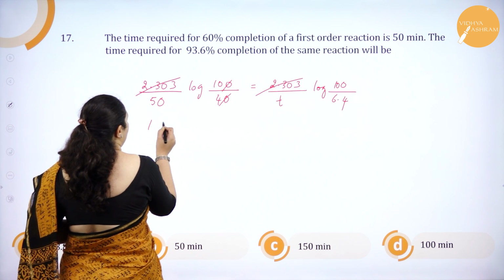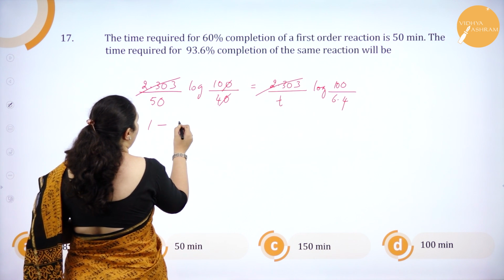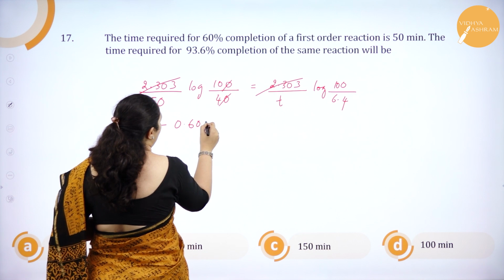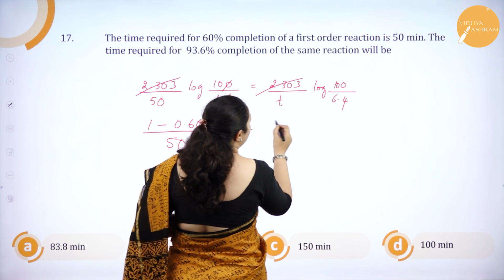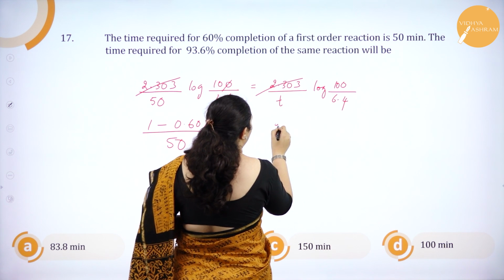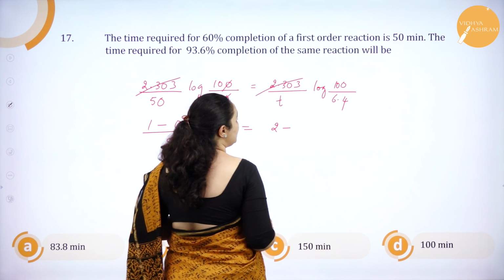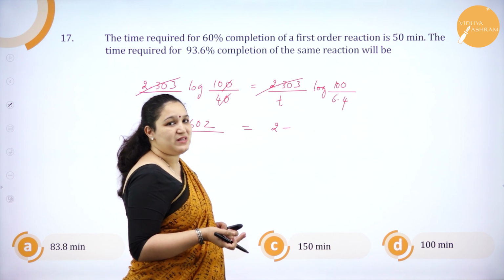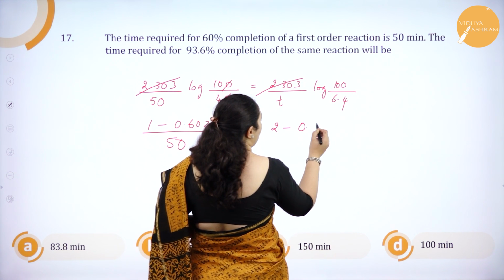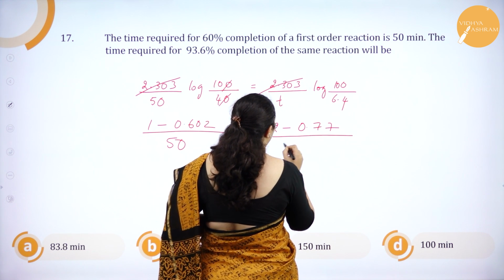So log 10 is 1, log 4 is 0.602, divided by 50 is equal to log 100, which is 2, minus log 6.4, divided by T. Of course, log 6.4 I don't know. Log 6 is 0.77, I can take. I'm just rounding off.